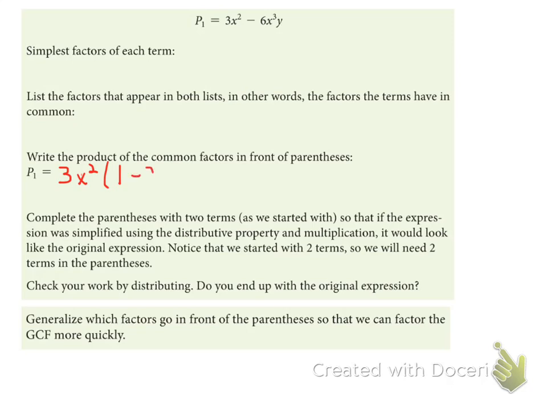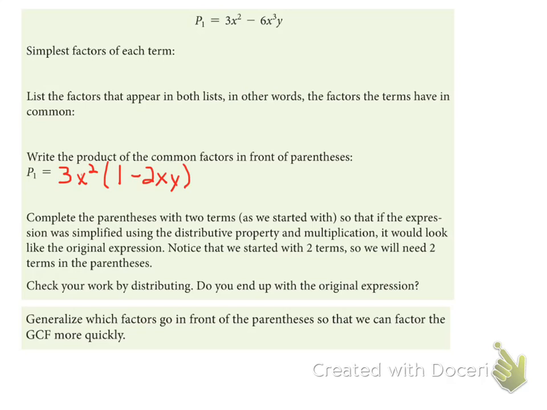Well, we need a -2 and an x to get x cubed, and we also need a y. We already completed the parentheses with the two terms. Notice that we started with two terms, so we will need two terms in the parentheses.